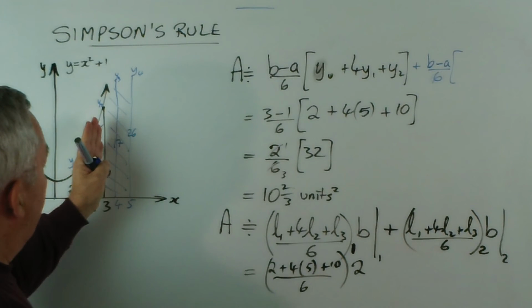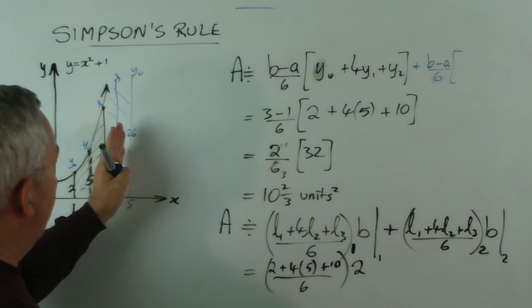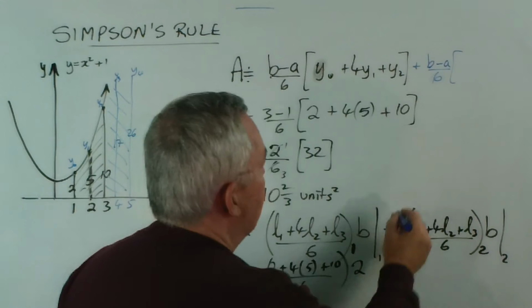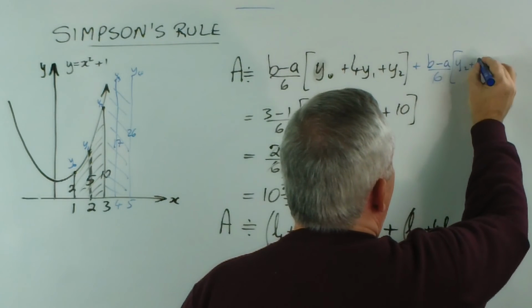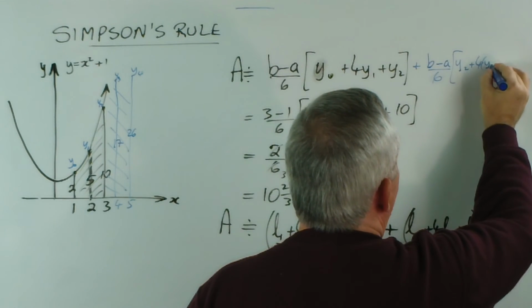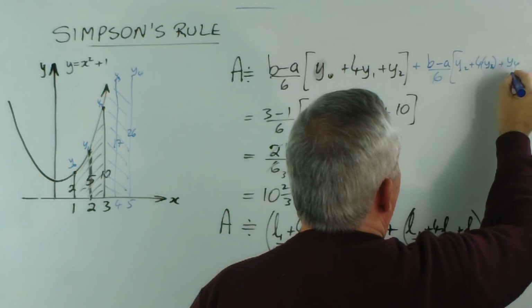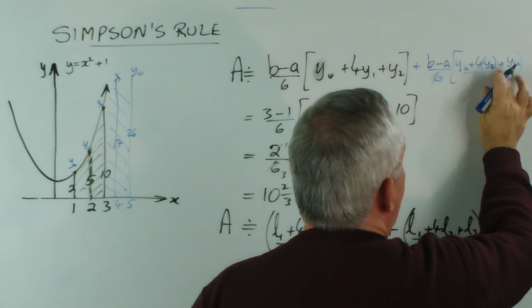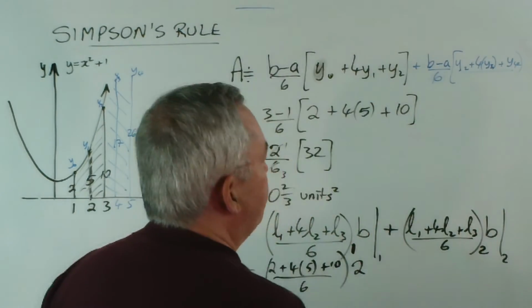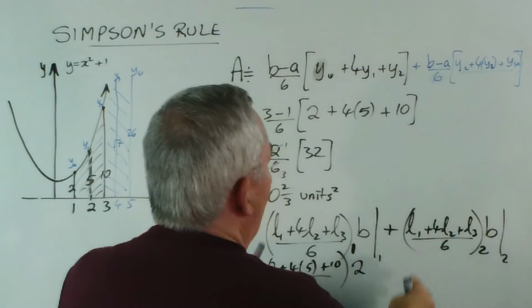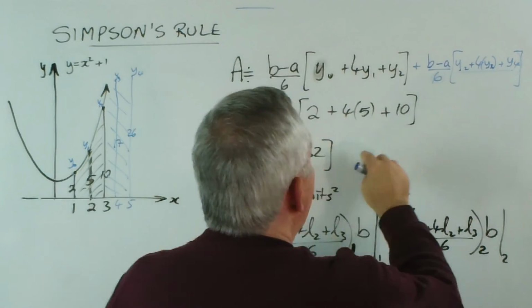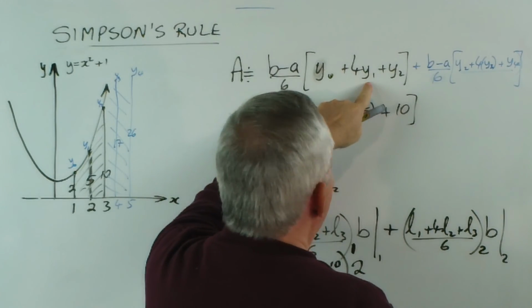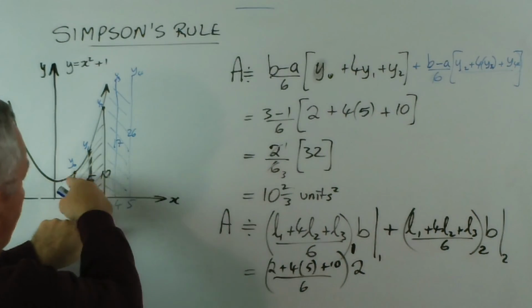So, to deal with this double strip, we're going to use y2, y3 and y4. So it's going to be y2 and 4 lots of y3 plus y4. Sorry, the 6 is out here. I've got to get used to the fact that books do it differently. When you combine these, I hope you realise we have y0, we have 4 lots of y1, because the y1 is in the middle of this double strip.